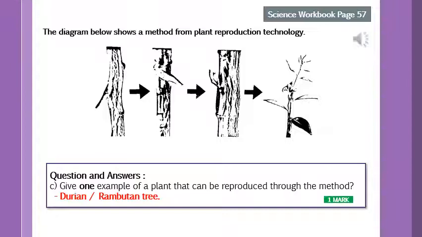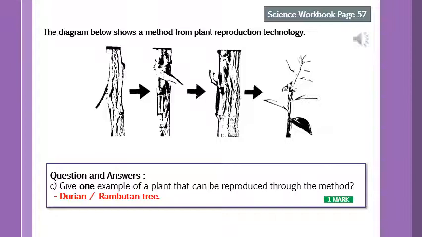So basically the examples of plants is just the same as before. The answer is I only give 2. If you have other examples, you can write here. If you don't want to write durian or rambutan, then you can write others. Maybe you want to write mango.